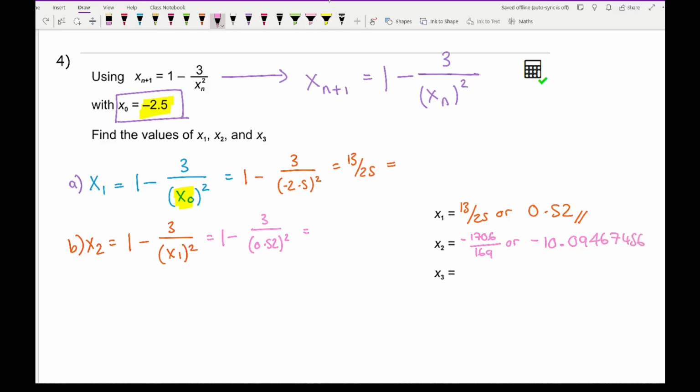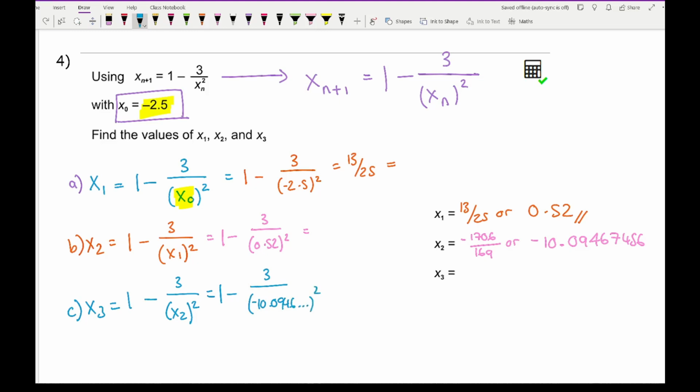So then to work out x3, well, that's going to be 1 minus 3 over x2 all squared. So that's going to be 1 minus 3 over minus 10.0946 and so on, squared.